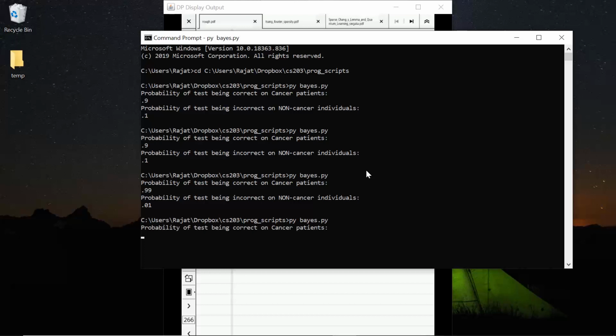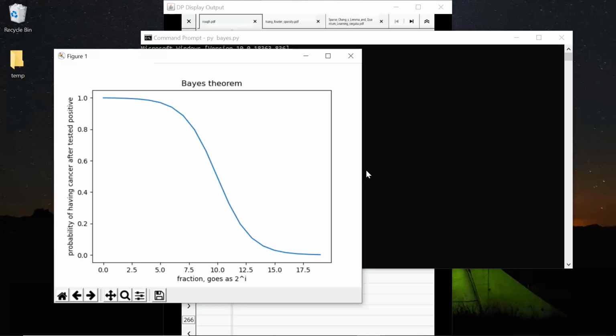Let me make the test much more accurate. So now you see that when the test is that accurate, if 1 out of 1000 people have cancer, then the person who got tested has cancer only with probability 0.4 or something.